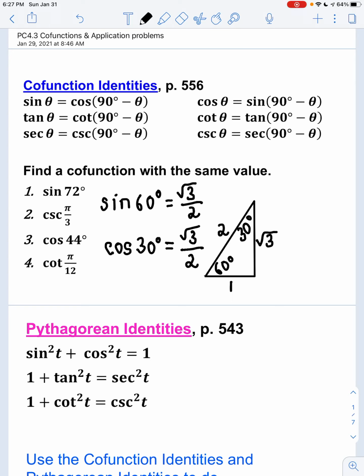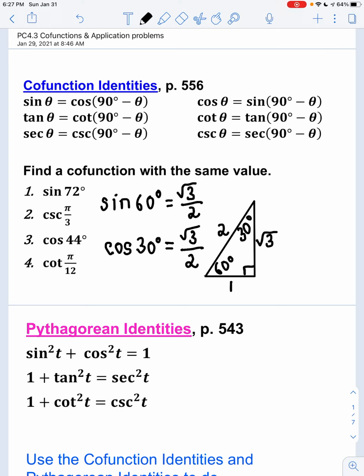And what I want you to notice there is that the sine of one acute angle in my right triangle is actually equal to the cosine of the other acute angle. The other thing I want you to notice is the acute angles have to add up to 90.